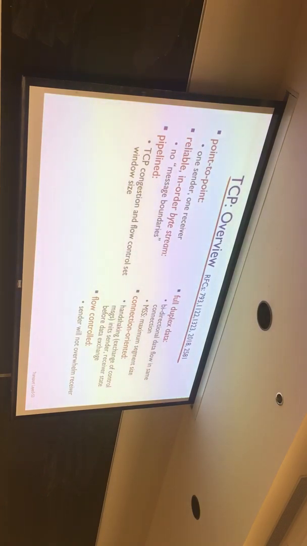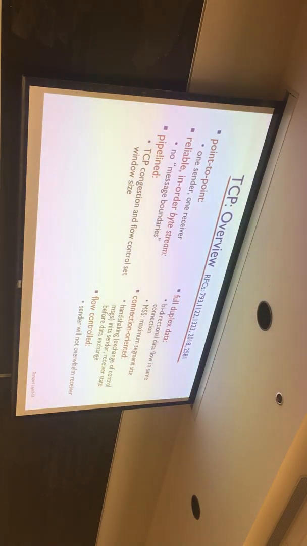Okay, so in TCP, we have covered a few features. This is a summary. Firstly, it provides point-to-point communication, that means one sender, one receiver. And it guarantees you a reliable in-order byte stream. That means lost or corrupted packets are handled for you underneath in the TCP layer.